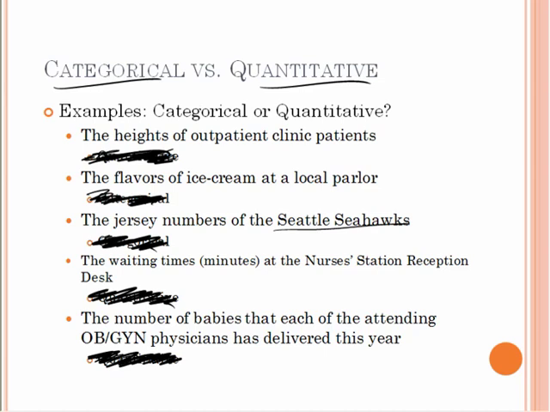All right. So first of all, the heights. C or Q? Q for that one. The flavors of ice cream at a local parlor. Flavors of ice cream, vanilla, chocolate, that would be categorical. The jersey numbers of the Seahawks.